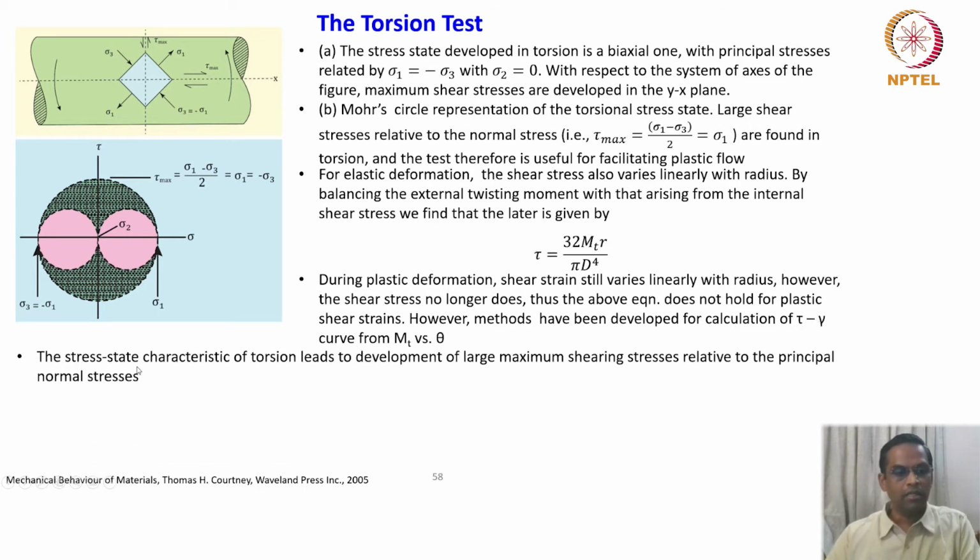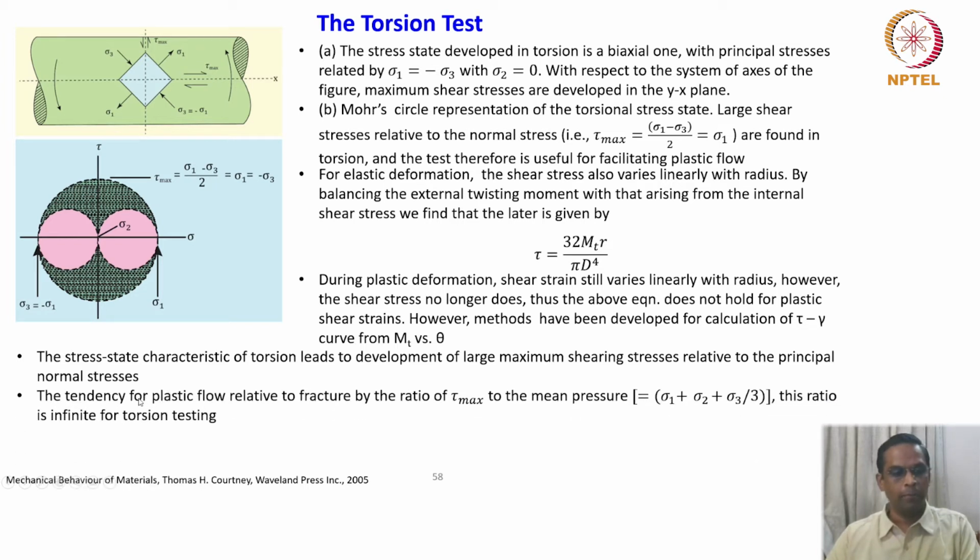The stress state characteristic of torsion leads to development of large maximum shearing stresses relative to the principal normal stresses. The tendency of plastic flow relative to fracture, the ratio of tau max to the mean pressure, that is (sigma 1 plus sigma 2 plus sigma 3) by 3, is infinite for torsion testing.